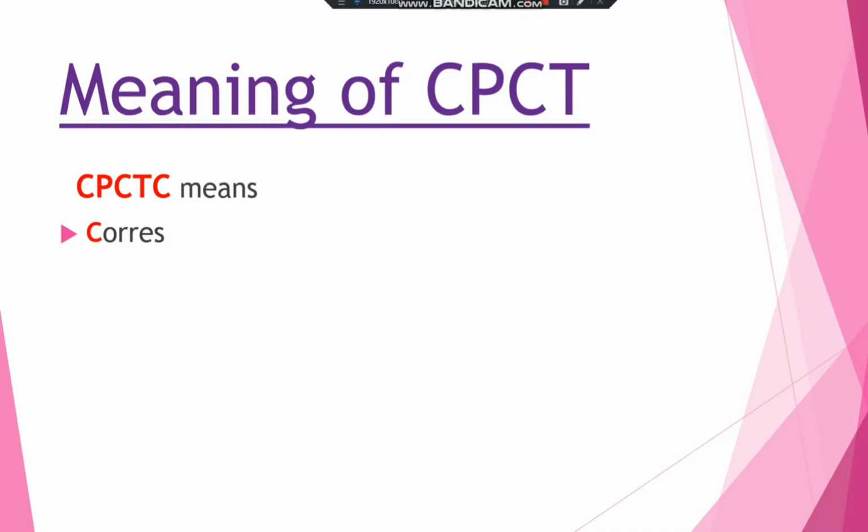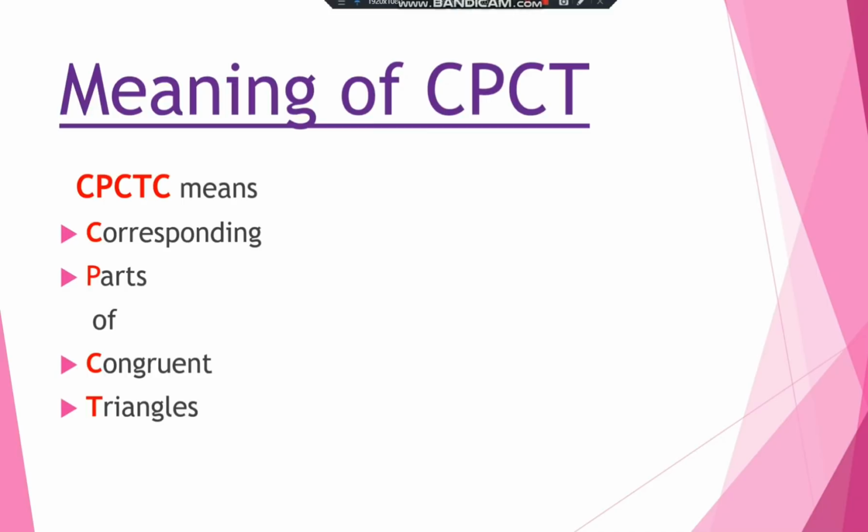CPCT has the first letter C, which means corresponding, then comes P, which means parts, then of, corresponding parts of, then C again means congruent, T for triangles, and there is another C. Actually we call it CPCT in short, but the full abbreviation is CPCTC.